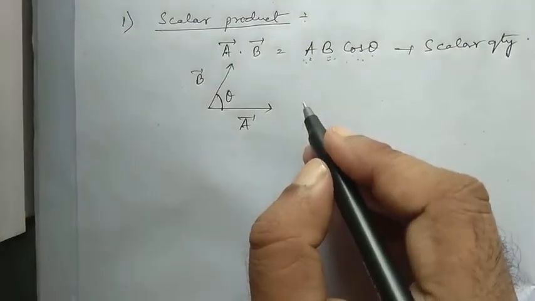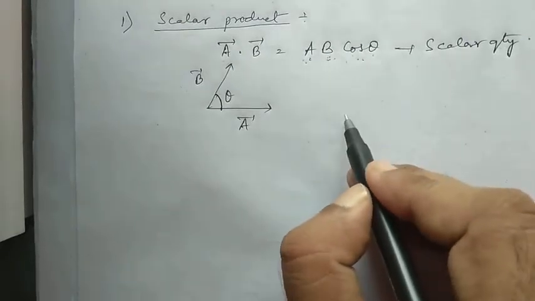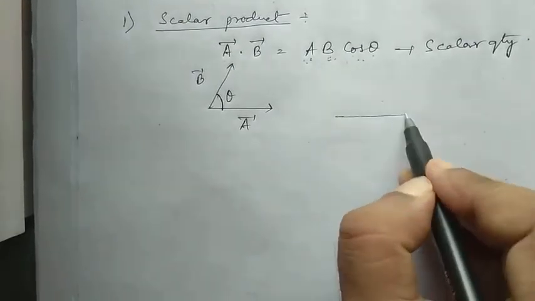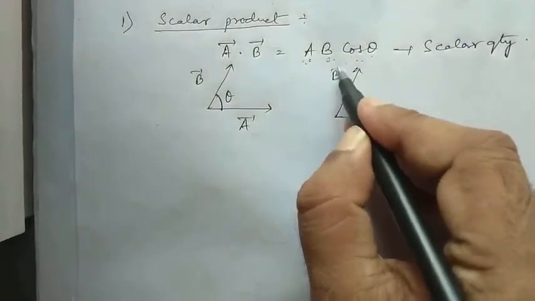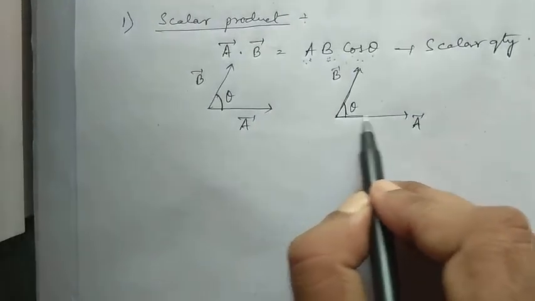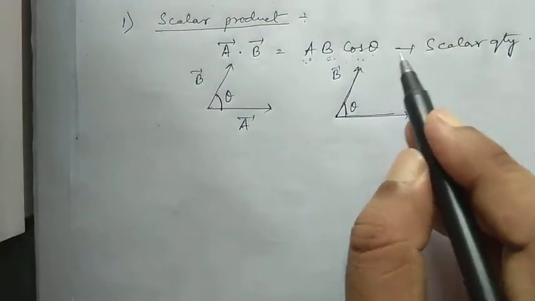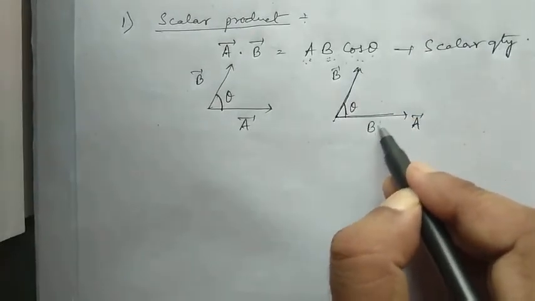Now geometrically, if we try to understand this in a different way, suppose this is vector A, this is vector B, this is theta. Now the component of B along A, I repeat, the component of B along A will be B cos theta.